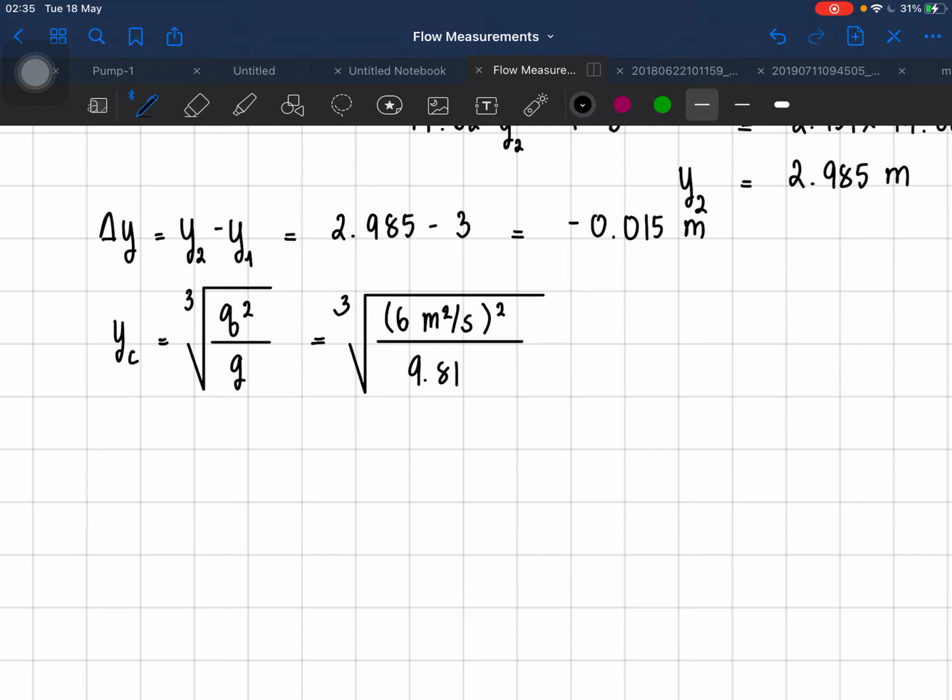Cube root, 6 squared over 9.81. Answer is 1.54 meter.